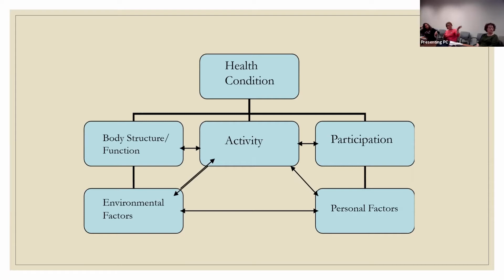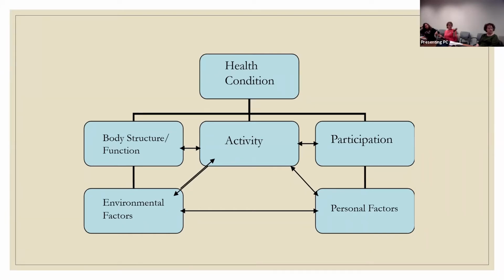Everything is interdependent, and the other big pieces that make this model really useful for the big picture in healthcare are environmental factors and personal factors. These can be either attributes or barriers, things that can make their ability to function right now with this condition easier or harder.